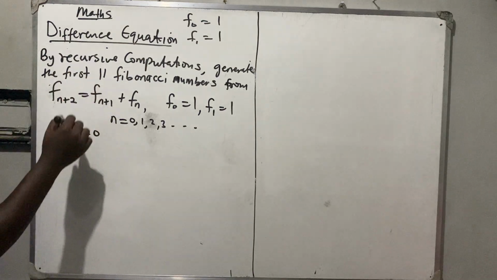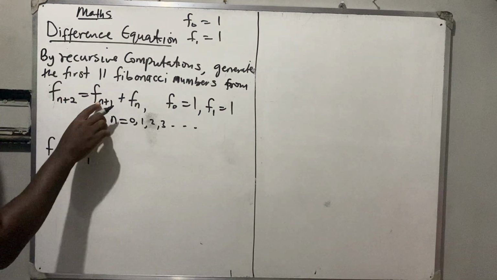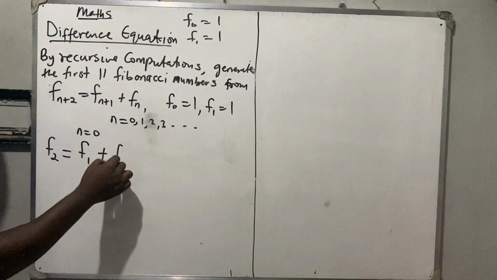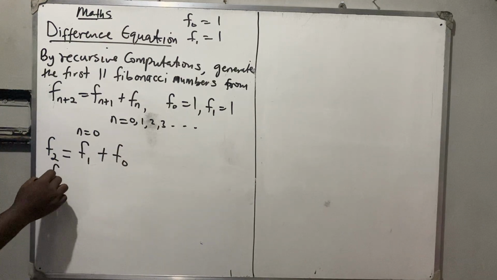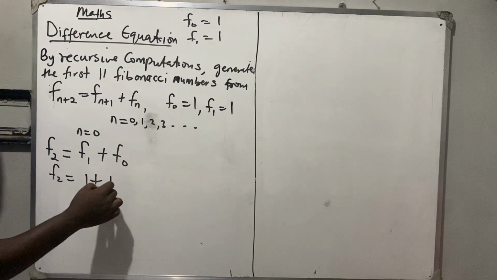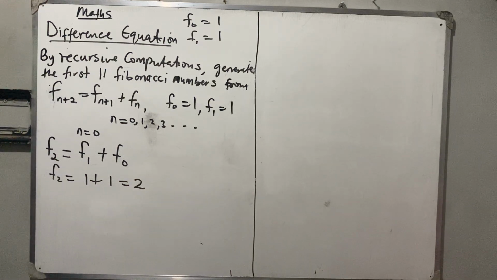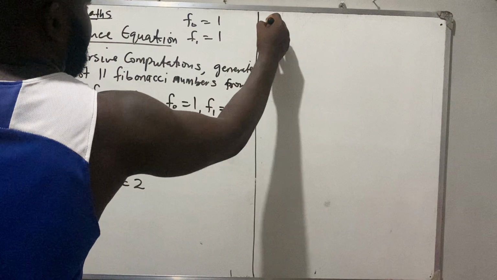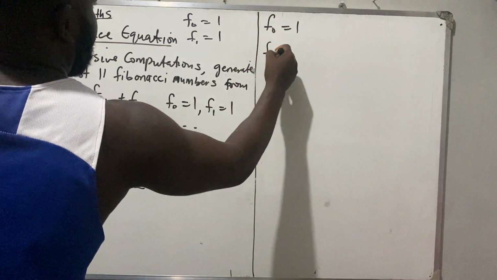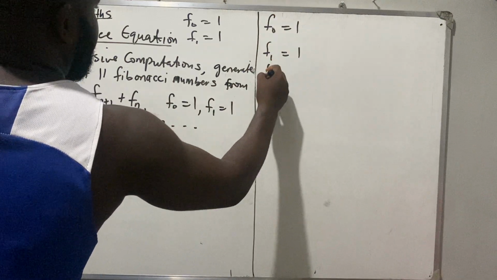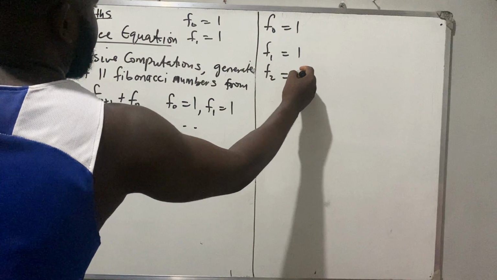So our f2, we will have f1 here, because 0 plus 1 is 1, plus f0. So my f2 will now be 1 plus 1, which is equal to 2. I've gotten that my f2 is 2. So f0 is 1, f1 is 1, f2 is 2.